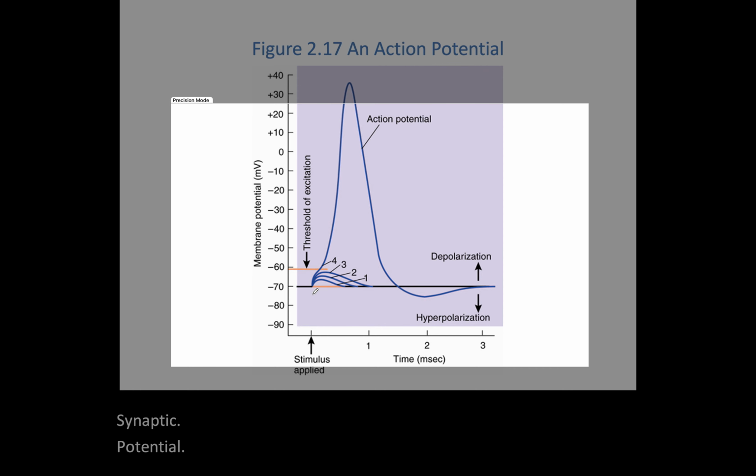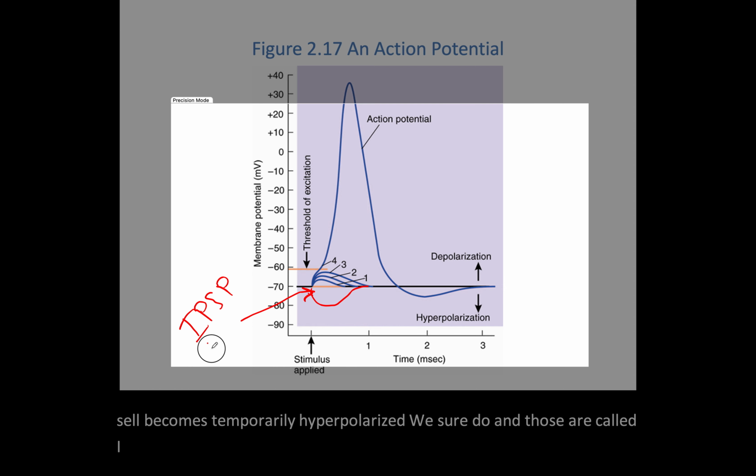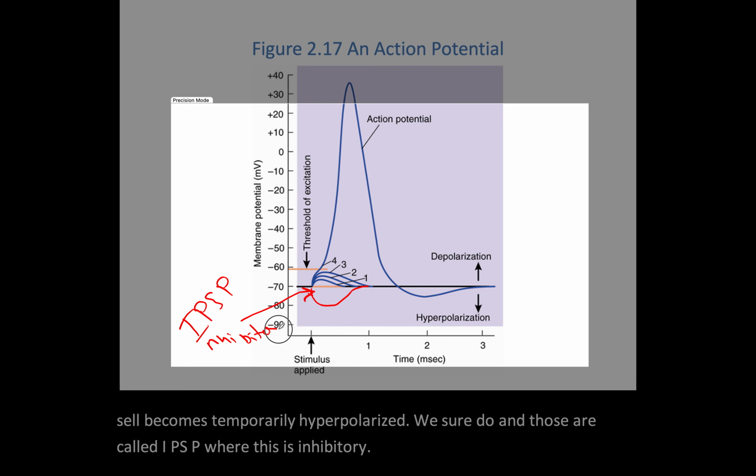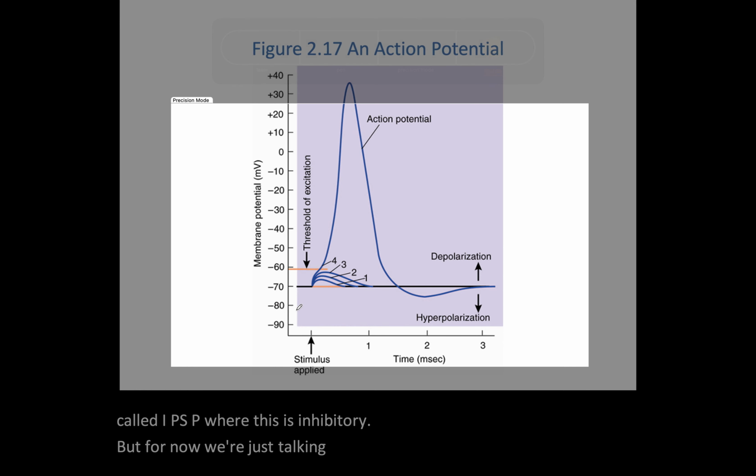Now, some of you might be wondering, do we have a situation where the cell becomes temporarily hyperpolarized? We sure do. And those are called IPSPs, where this is inhibitory. But for now, we're just talking about EPSPs, excitatory postsynaptic potentials.